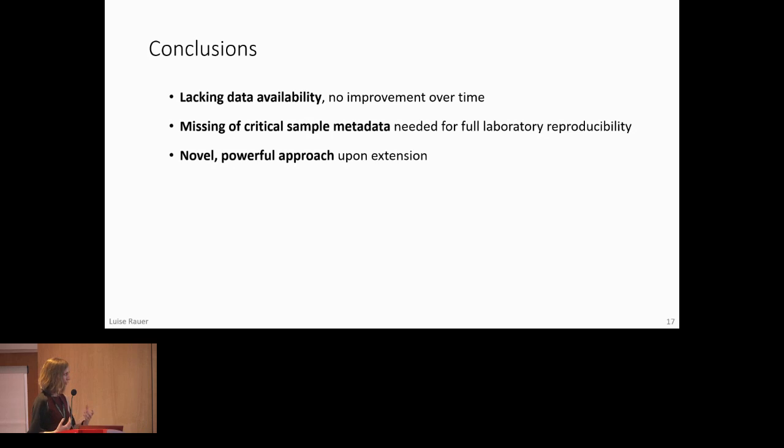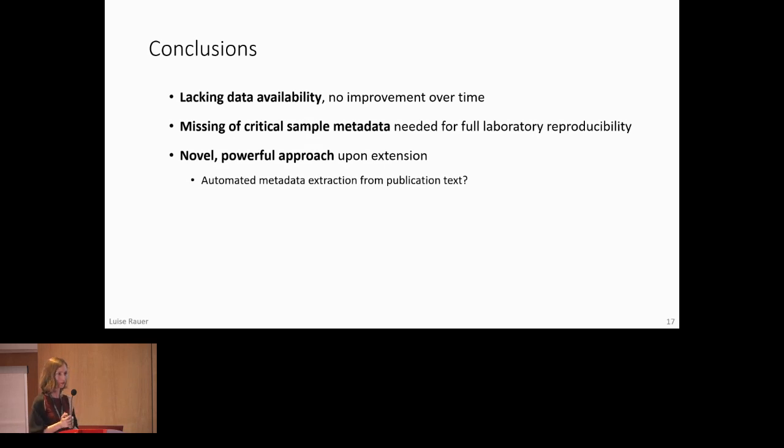But in general, we have this powerful approach where we can take the mock communities and measure all these biases. We are limited at the moment in the step where we are extracting the sample metadata from the publications.